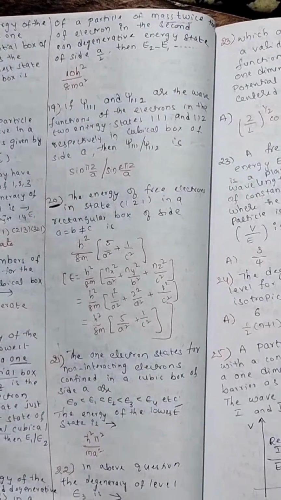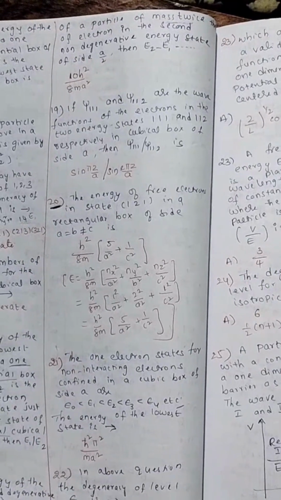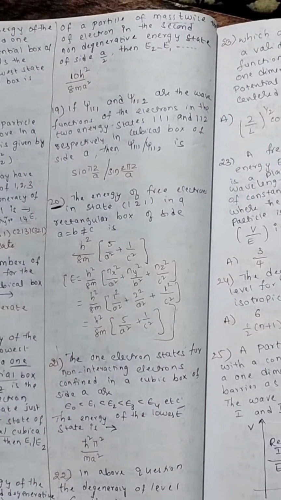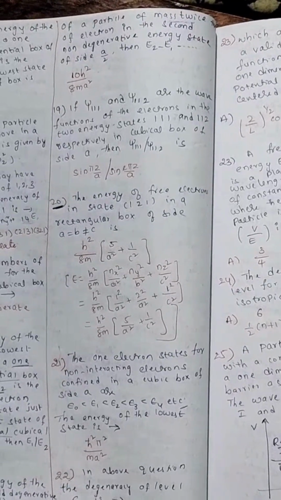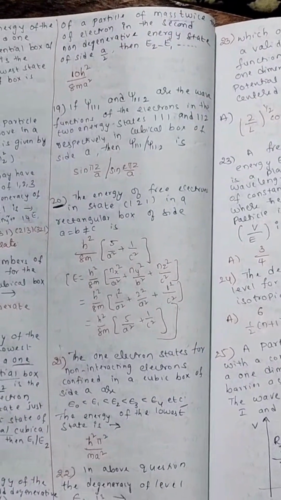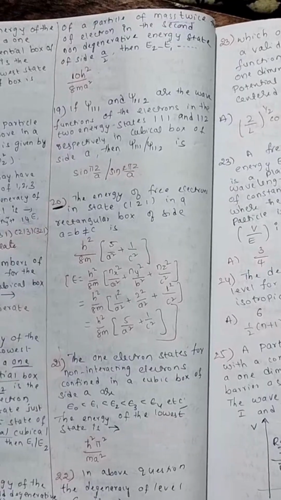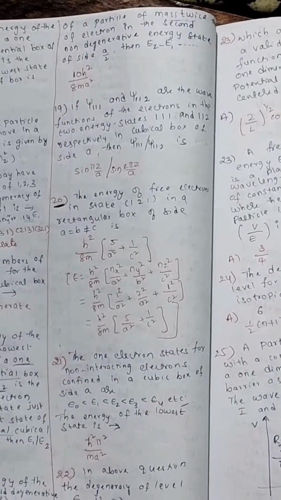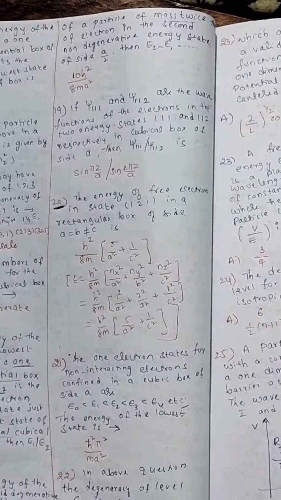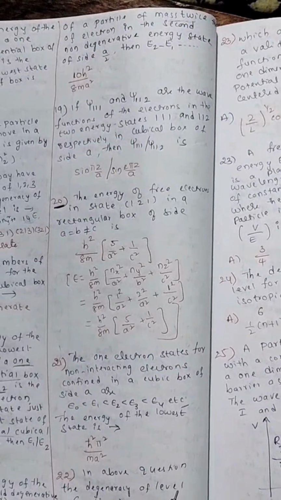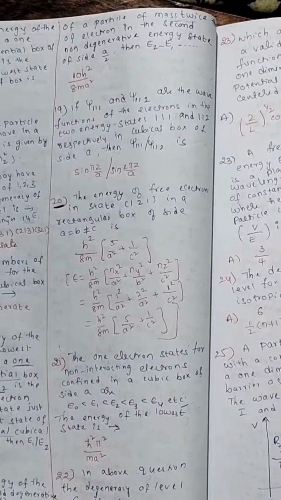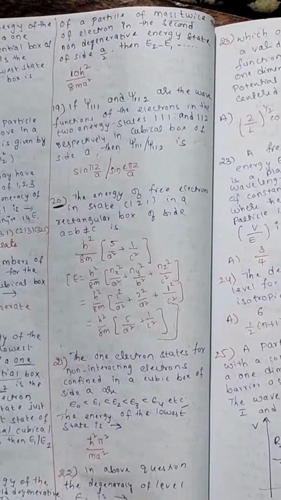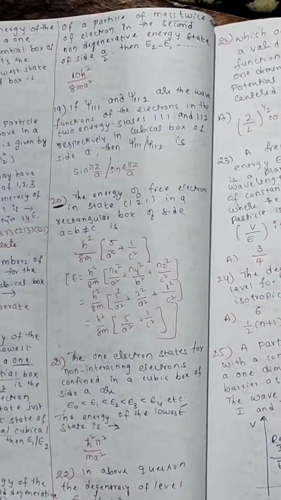For level E3 he said as usual 6. 3 1 1 one state, 1 3 1 other state, 1 1 3 other state. So we are getting threefold degeneracy. If we include spin, it will be either upwards or downwards, only 2, no? So 2 into 3, we will get answer 6. Okay. Now next question.